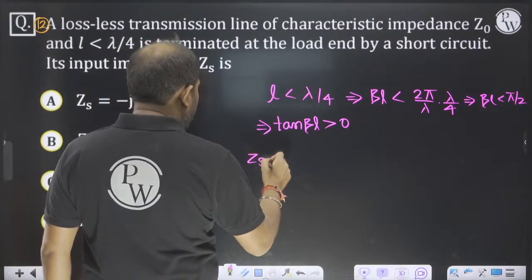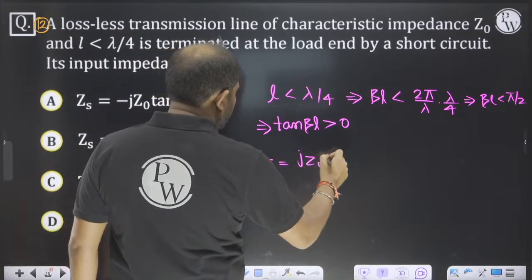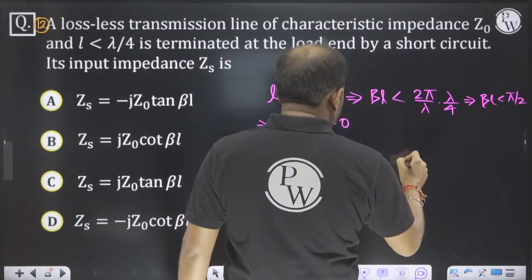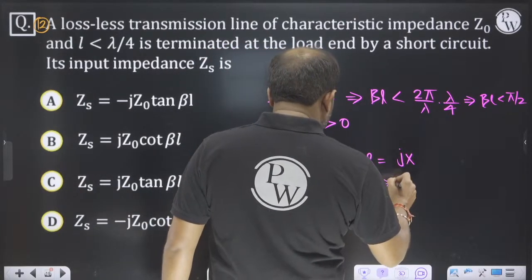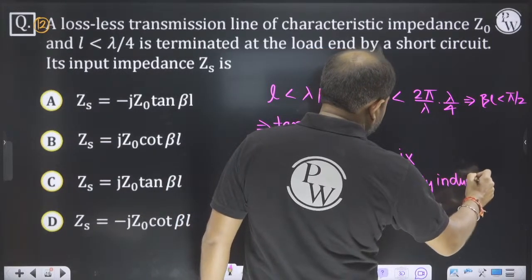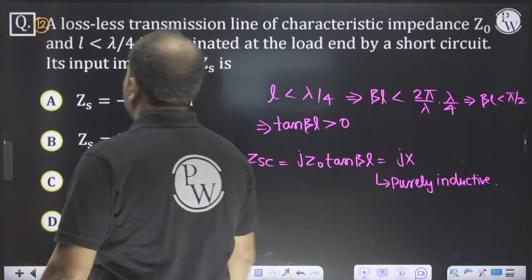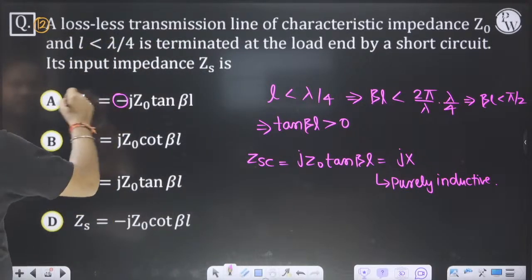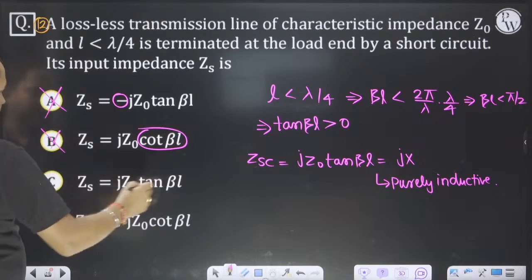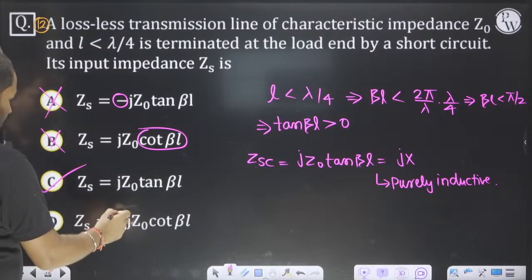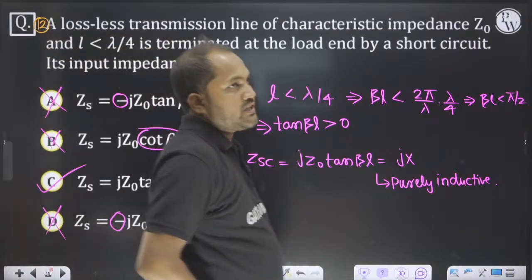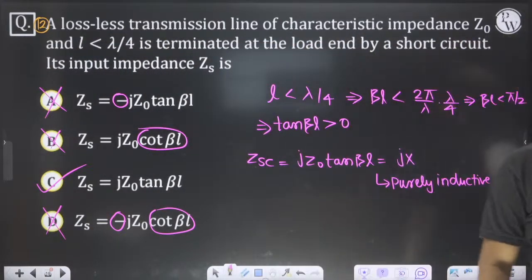That means ZSC is equal to JZ0 tan beta L. Tan beta L is positive, so it will be plus JX, that means purely inductive. Minus J tan beta L, no. Cot beta L, no. JZ0 tan beta L, yes. Minus J cot beta L, no. For short circuit, answer will be C.